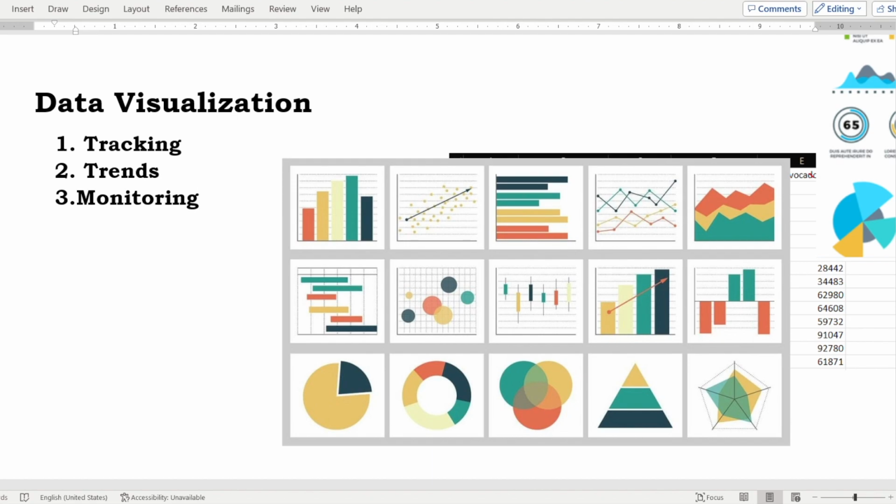So monitoring, in the perspective of students' assessment, students' performance monitoring, or sales monitoring, or the monitoring of a certain chemical reaction, anything we can take, can all be visualized as charts or graphs.